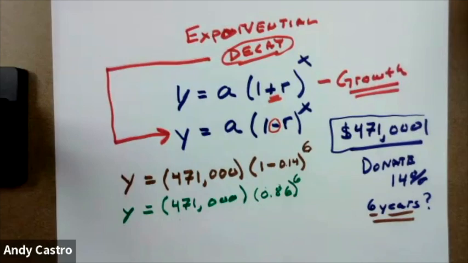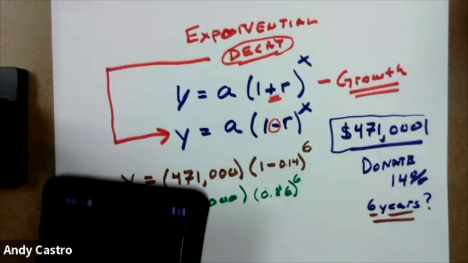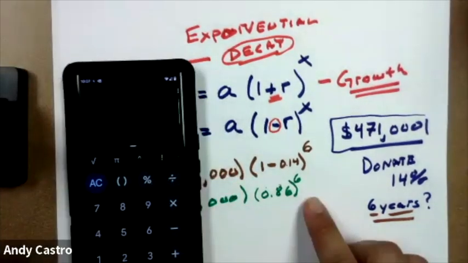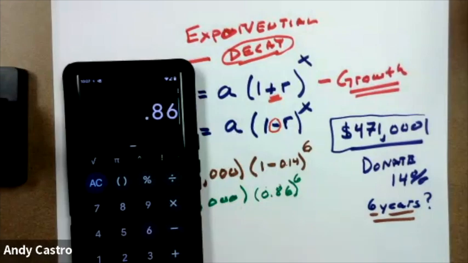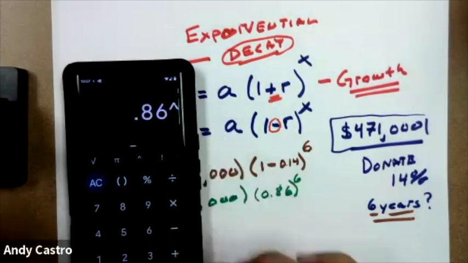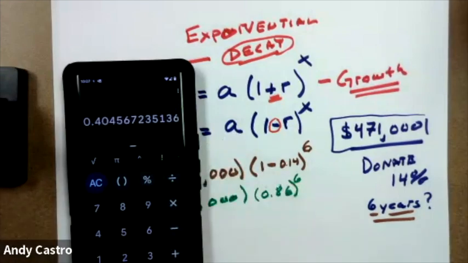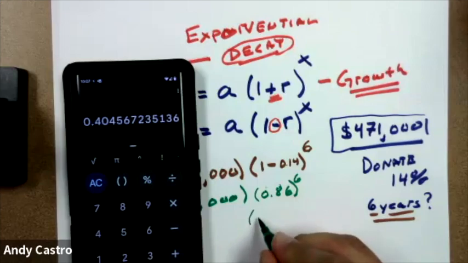Now, 0.86, we can go ahead and raise that to the sixth power. So 0.86, and we're going to raise it to the power of 6. That's going to give us 0.404567.